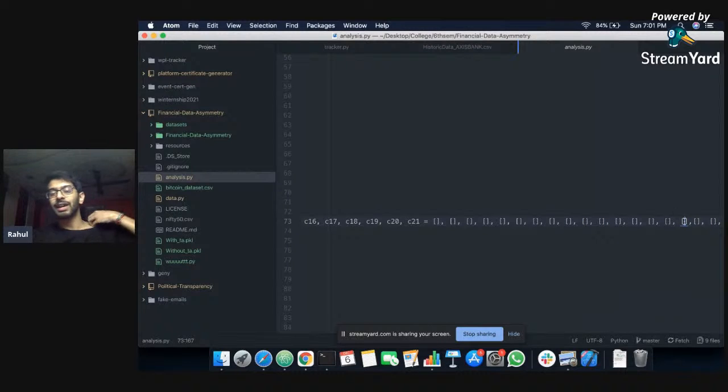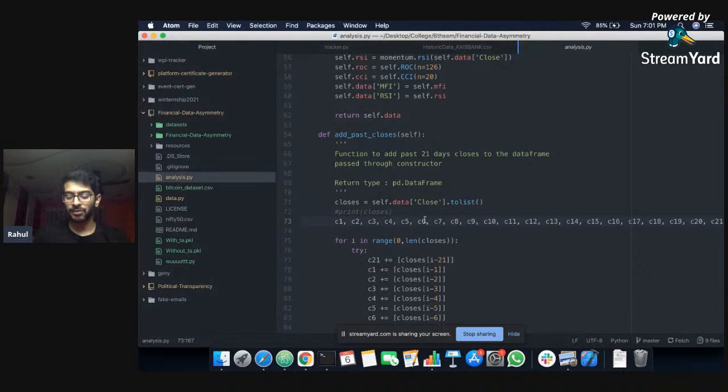So I come to data for today. I want to find the closing price one day before. I store that in the C1 list. Again, I want to find the closing price 2 days before today. I find that out and I store it in the C2 list. Similarly, I store the closing price 3 days before today in the C3 list, and so on until C21.